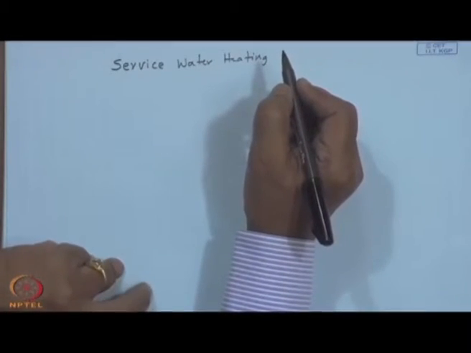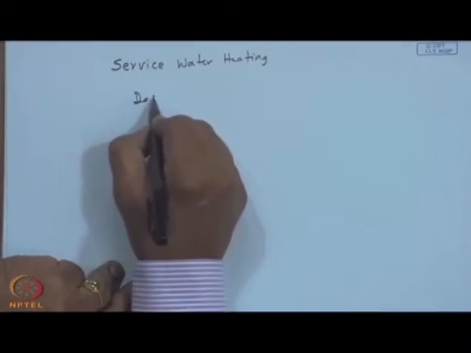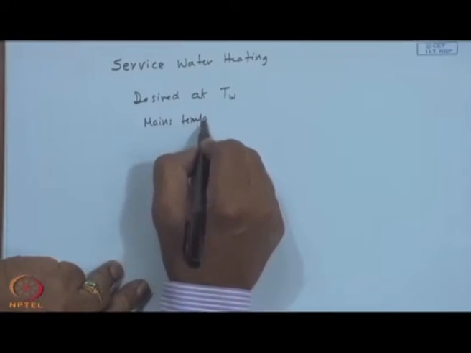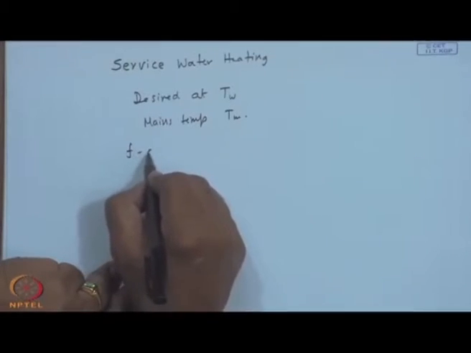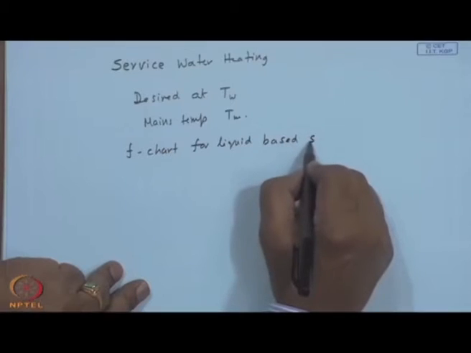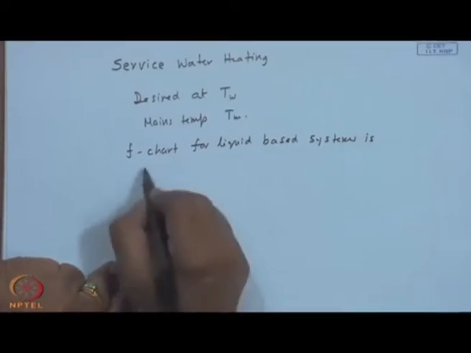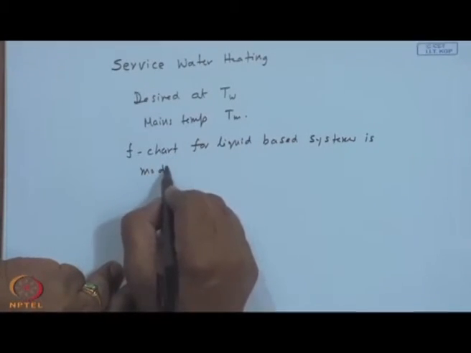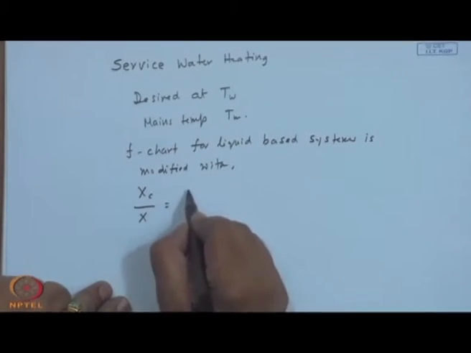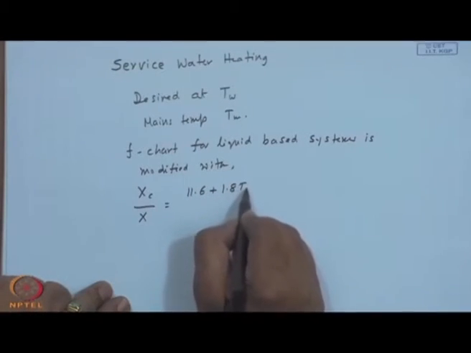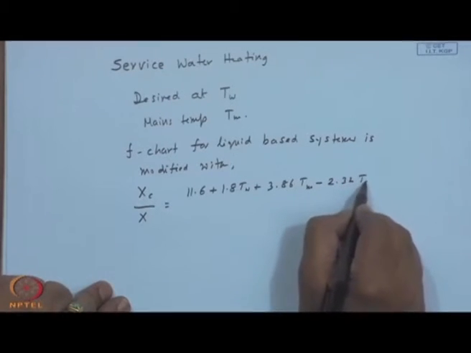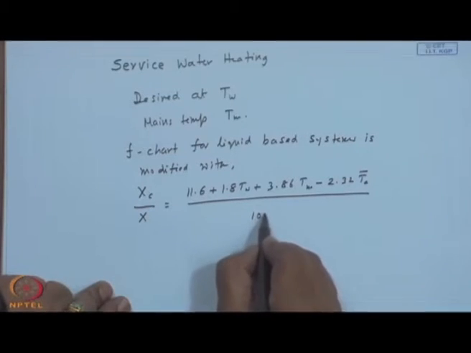Without saying that minimum temperature is so much, if you want desired hot water at T W, and mains temperature is T M, then simply the F chart for liquid based systems is modified with x c being given in terms of the x as 11.6 a constant plus 1.8 times T W plus 3.86 T mains minus 2.32 monthly average ambient temperature T A bar, upon 100 minus T A bar.